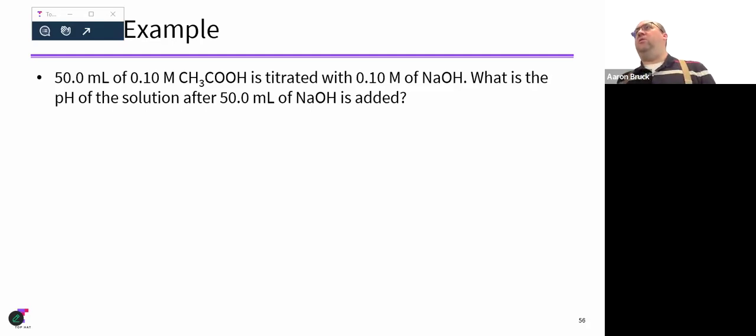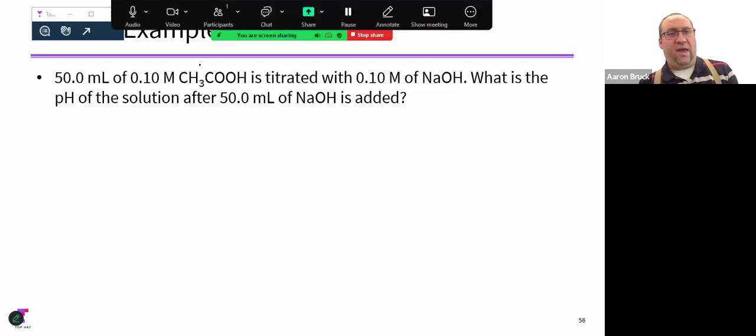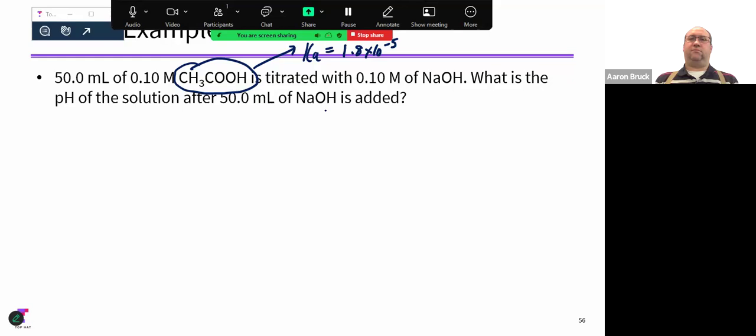First thing that I need to do, figure out where in the titration I am. Now, Ka for acetic acid, we've worked with it numerous times. It's 1.8 times 10 to the negative fifth. But before we can even determine if we need that, let's figure out where we are.